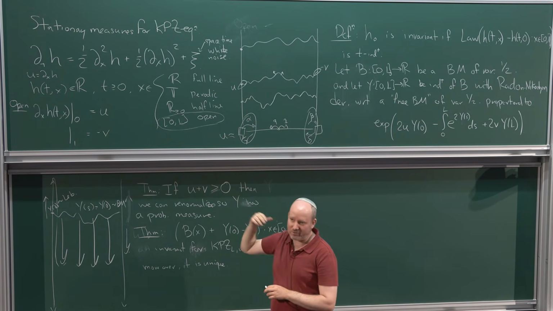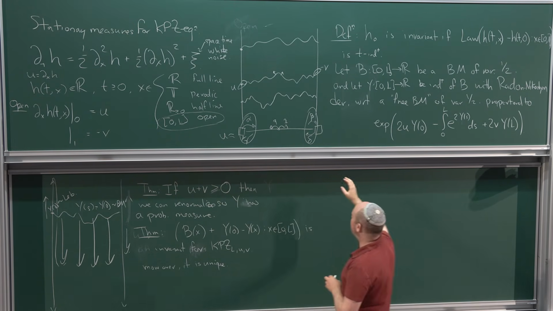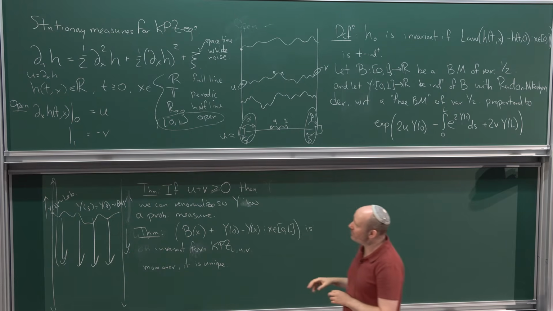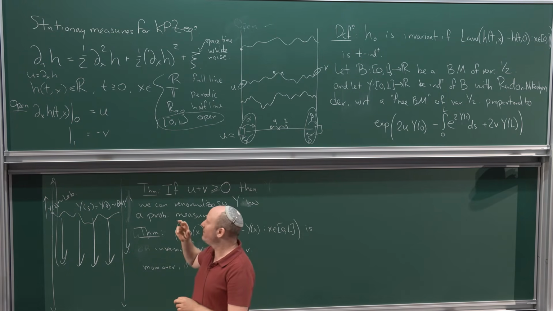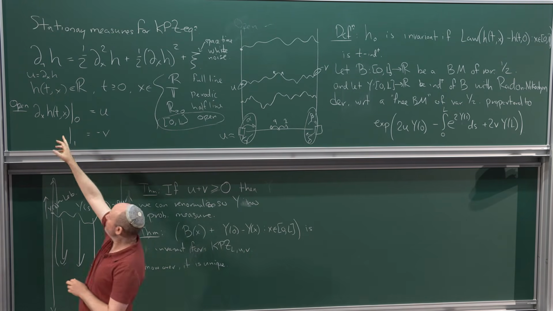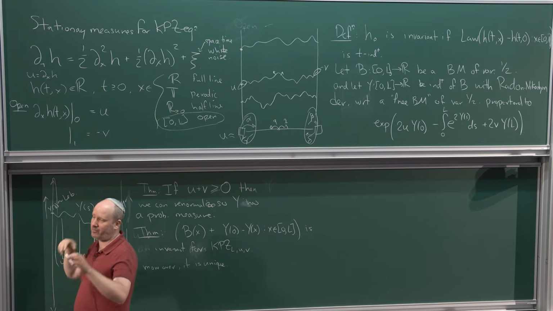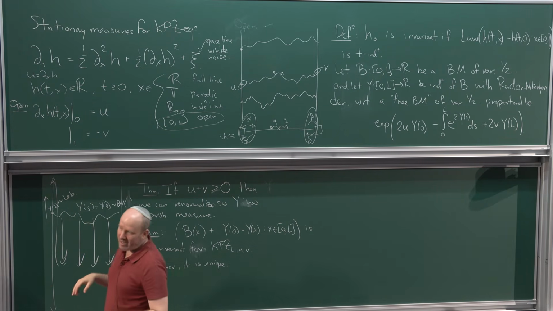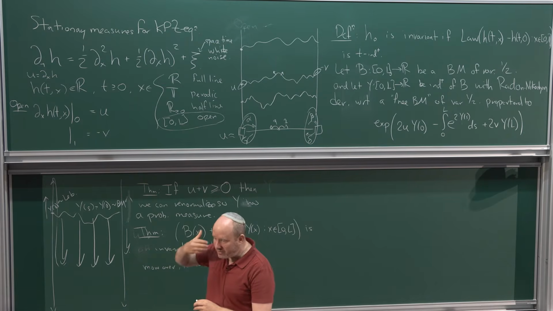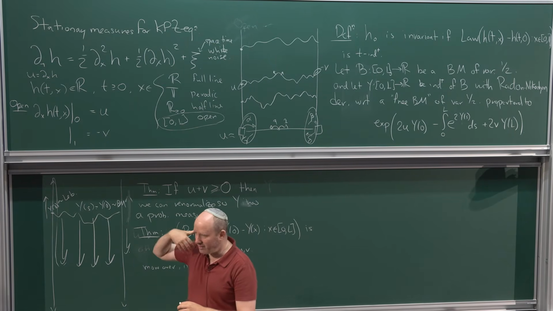The other way to simulate it would be to do this Hopf-Cole transform, so you write Z is e to the h, and that transforms these boundary conditions into certain mixed boundary conditions relating the derivative of Z to Z at the boundary. And then you can write down what's called a chaos series.